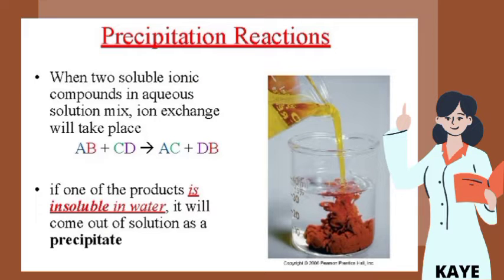It is when two soluble ionic compounds in aqueous solution are mixed, ion exchange will take place, such as AB plus CD goes to AC plus BD. If one of the products is insoluble in water, it will come out of solution as a precipitate.